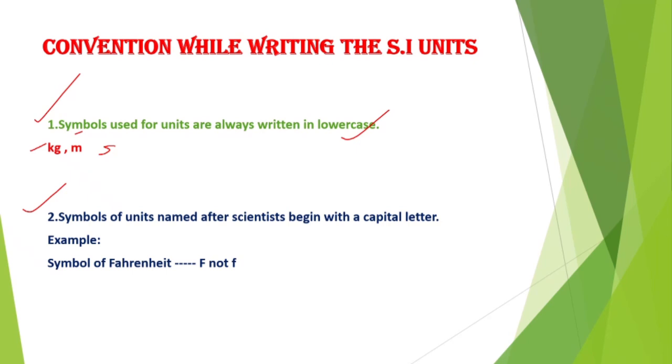Look at the example, the symbol of Fahrenheit. Fahrenheit is the name of a scientist. So whenever we use the symbol of such a unit, it should be in a capital letter, not a small letter.